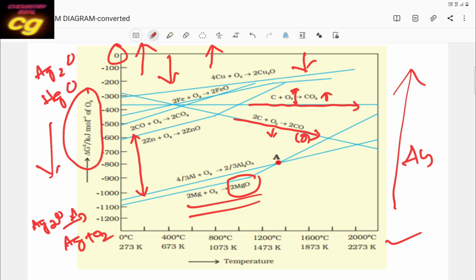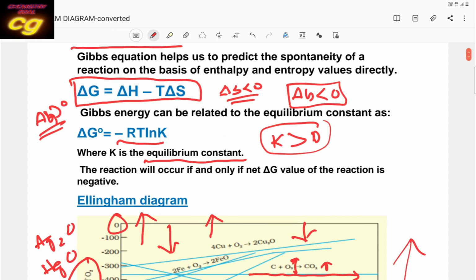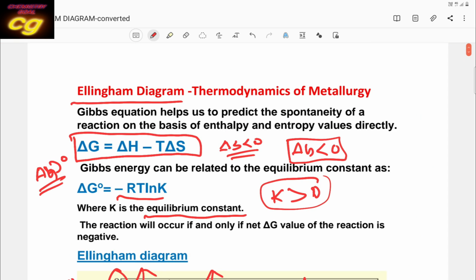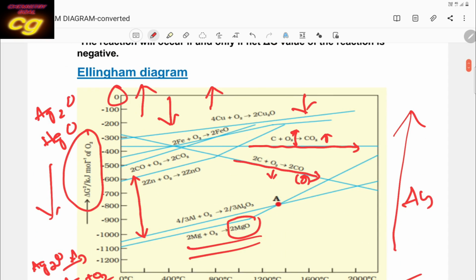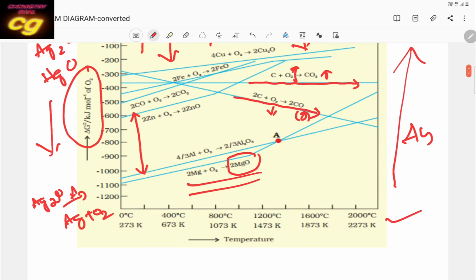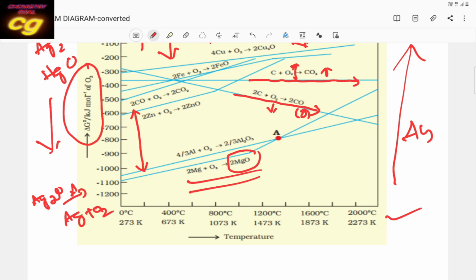With more entropy change, del G will be more negative, because the concept is that with more del S value, del G will be more negative, because minus is multiplied. That's why in case of carbon monoxide the graph has a negative slope, but in case of carbon dioxide the graph is a straight line. So this is the difference between carbon dioxide and carbon monoxide formation in the Ellingham diagram.